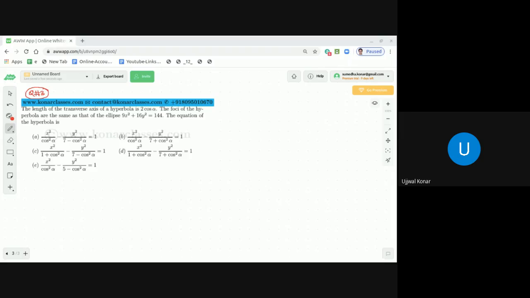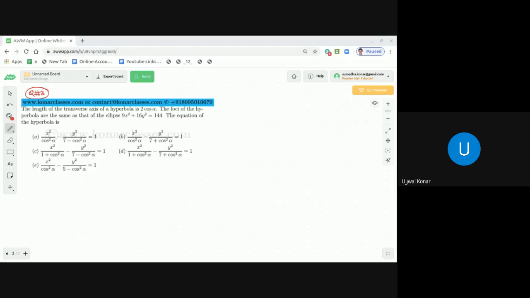Dear students, if you look into this question, it is very important to minutely look into the information that has been given and what has been asked. You need to find the equation of the hyperbola. But what is important is what information is given.